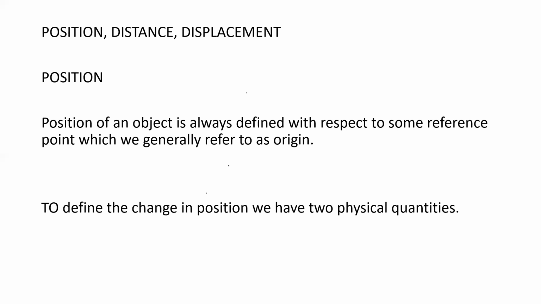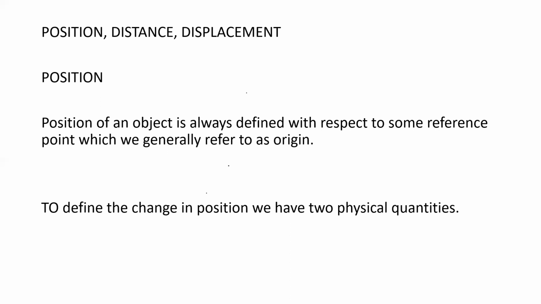So reference position is nothing but, for example, if you are traveling from your home to your college, how do you measure the distance between home and college? Here you take a reference point. Suppose you say you moved 5 kilometers. With respect to what did you move 5 kilometers? With respect to your home.